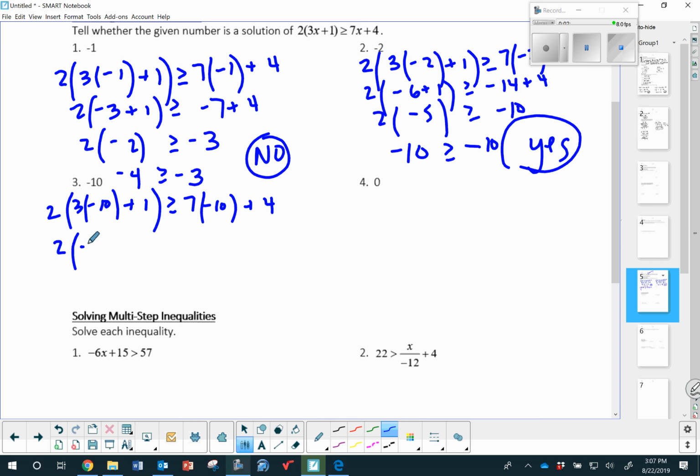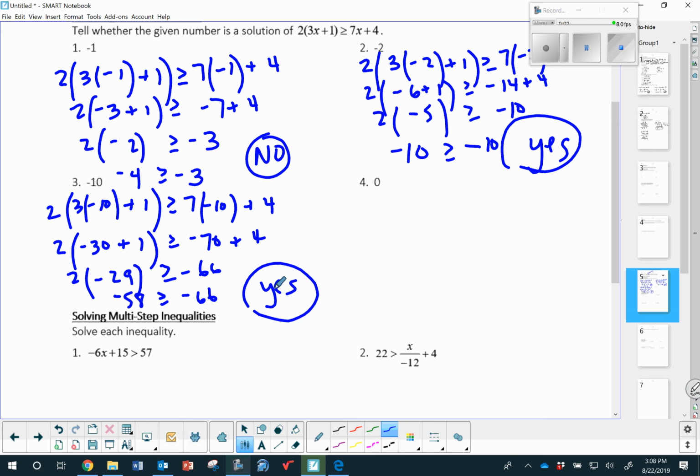This is 2 times (-30 plus 1) is greater than or equal to -70 plus 4. This is 2 times -29 is greater than or equal to -66. This is -58 is greater than or equal to -66, and the answer is yes.